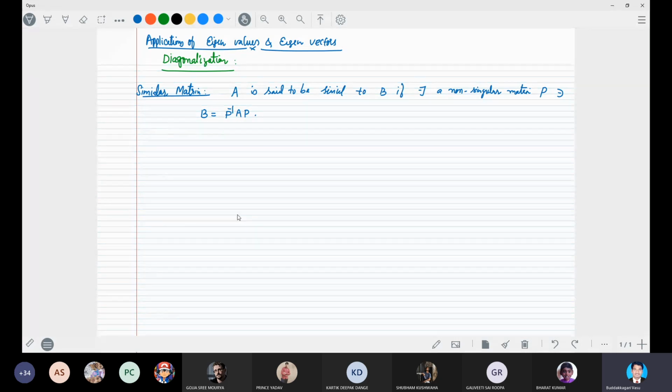Okay? This transformation of A to B is called similarity transformation.